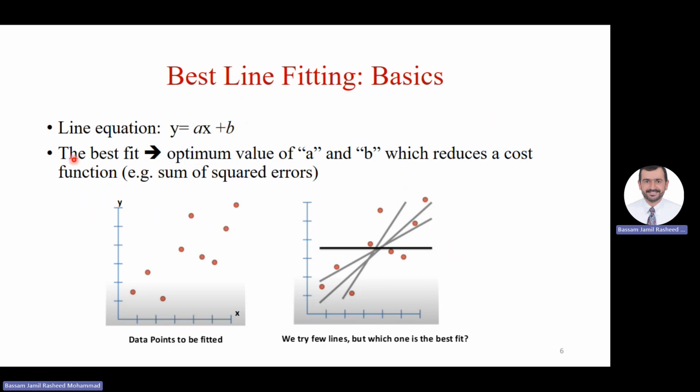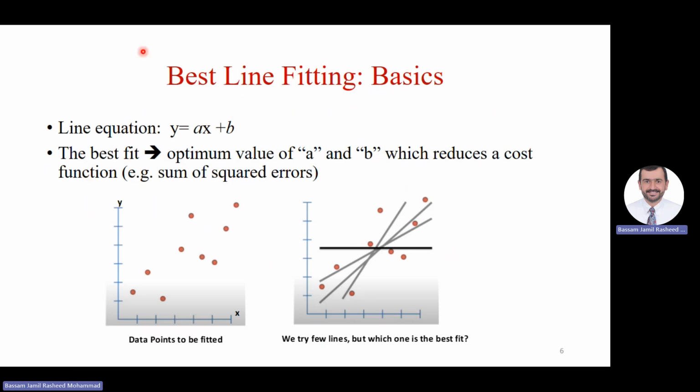The best fit optimizes the values of a and b that reduce a cost function, and we'll see what a cost function is. In any optimization method or algorithm, you have a cost function, which is kind of your guidance for the optimization.